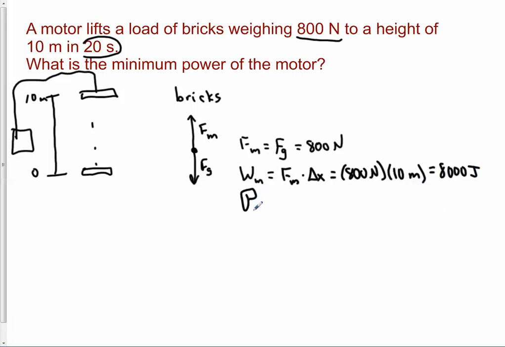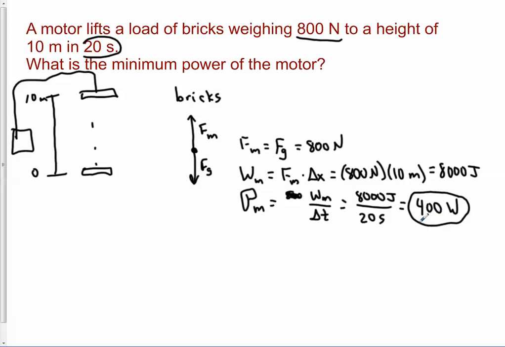And then we can say what the rate is, because that 8,000 joules came over 20 seconds. So the work divided by the amount of time that elapsed. 8,000 joules over 20 seconds is 400 watts. Okay, so the answer is 400 watts.